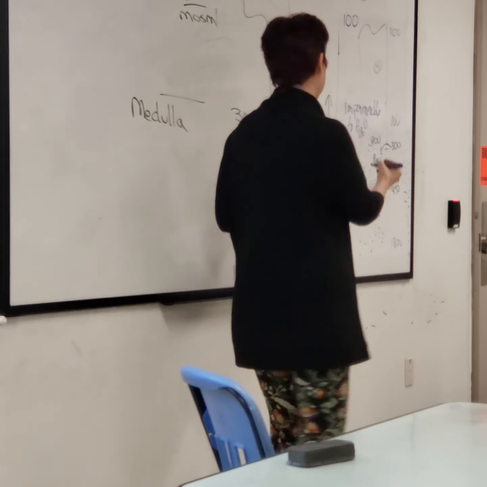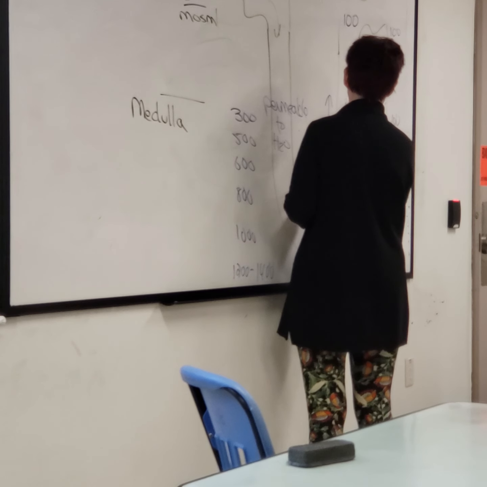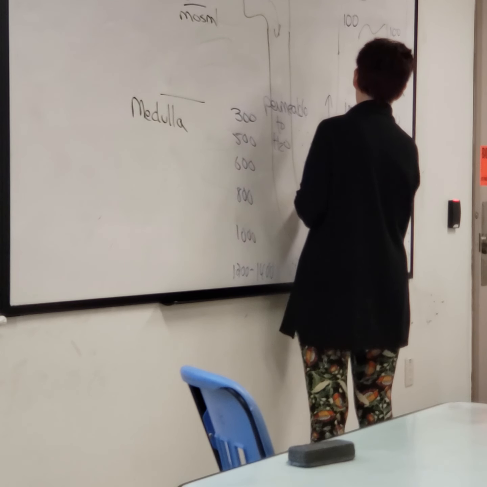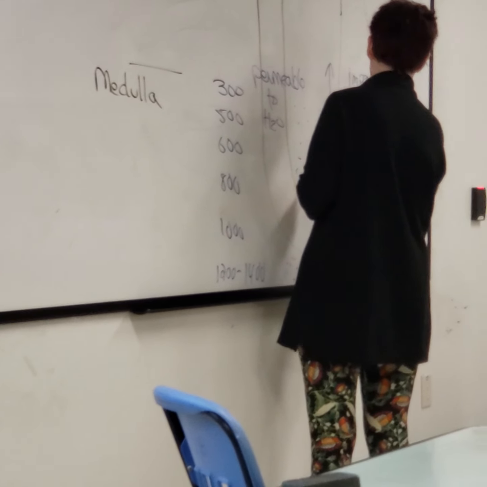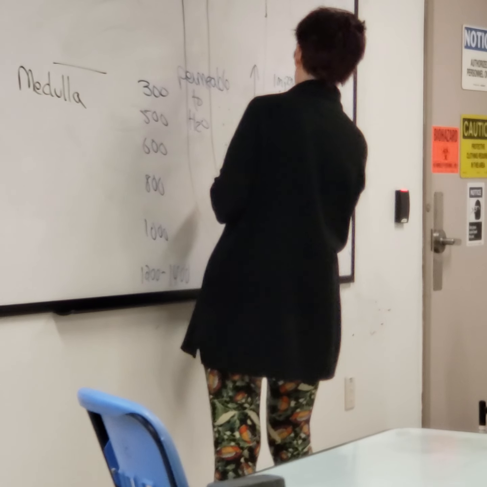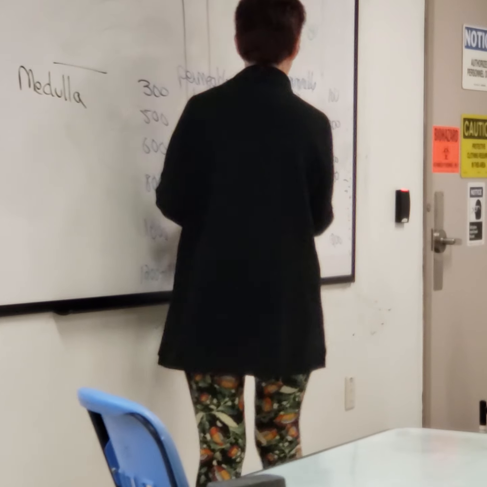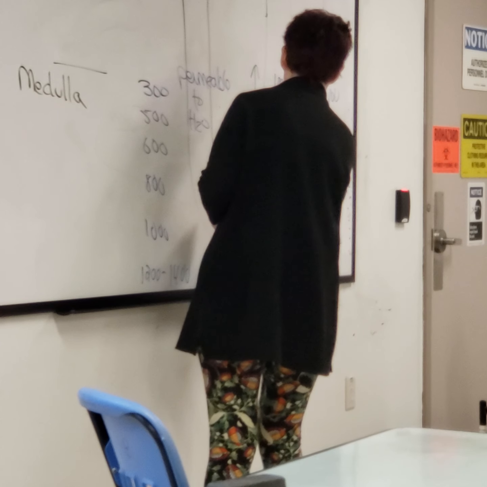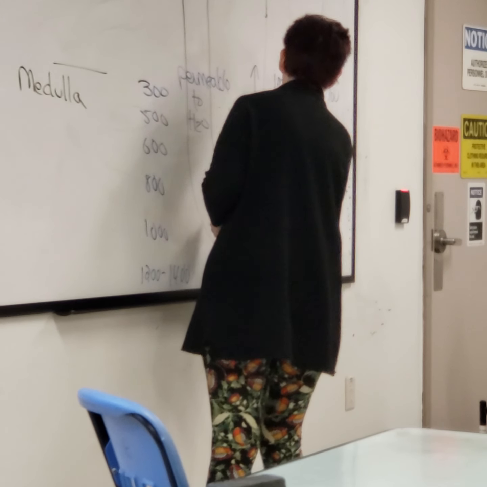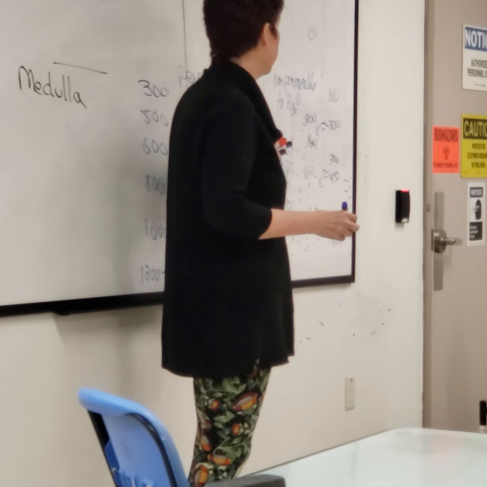The ascending limb has active transport pumps that at the maximum can maintain a 200 milliosmol difference. In other words, there can never be more than 200 milliosmol difference between what's in here and what's out here.